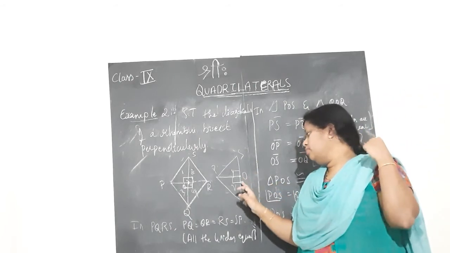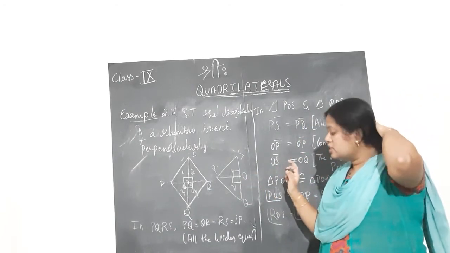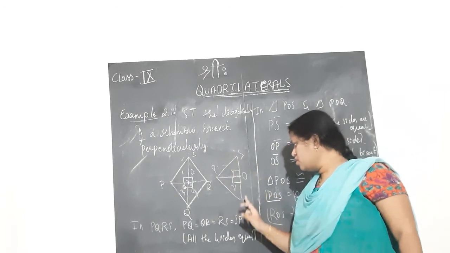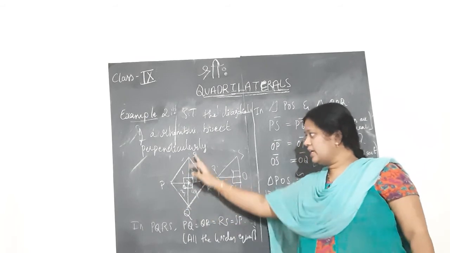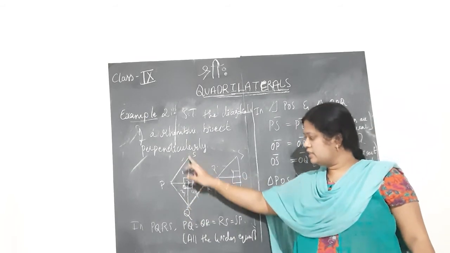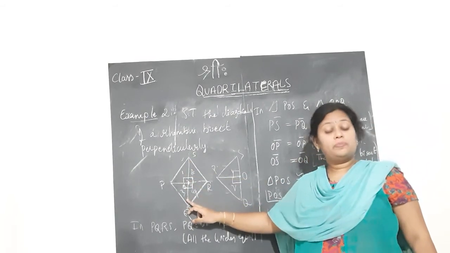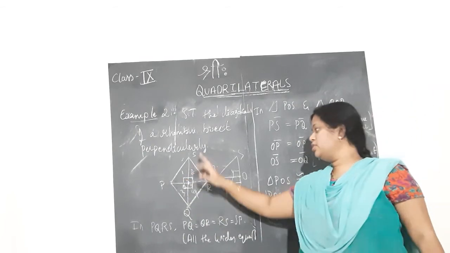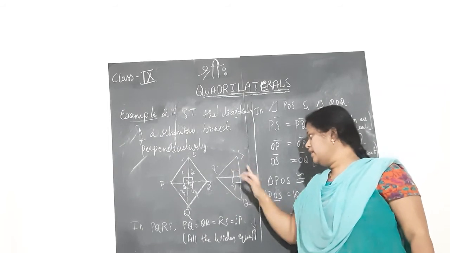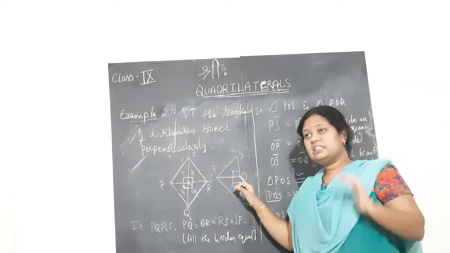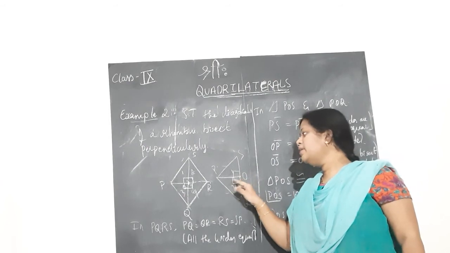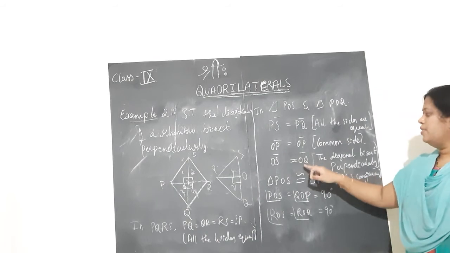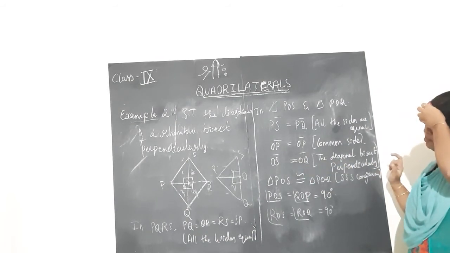Similarly, as we know from the property of a rhombus that the diagonals bisect each other, QS is the diagonal, which is obtained by joining the 2 non-adjacent vertices, Q and S. Bisecting means this O is the midpoint, the intersecting point, so OS and OQ will be equal. So OS is equal to OQ, that is the third side I am proving as equal.